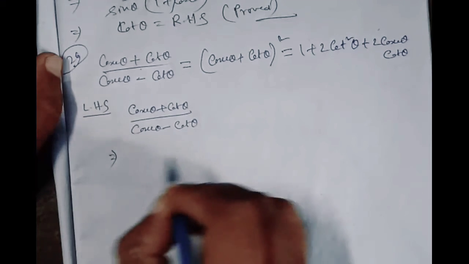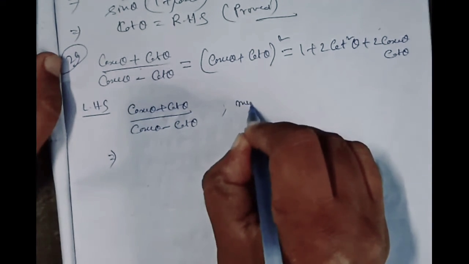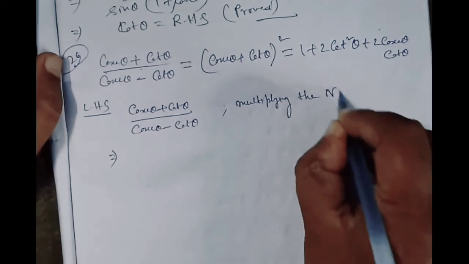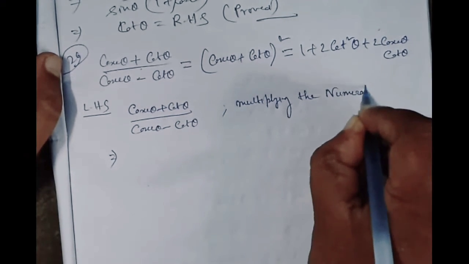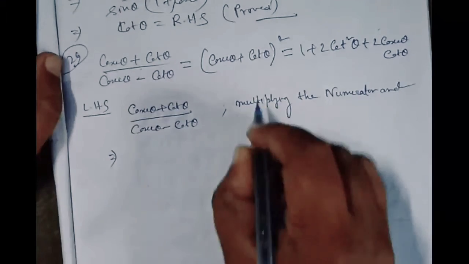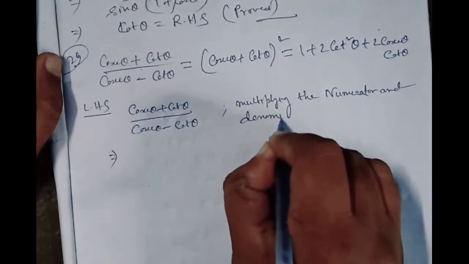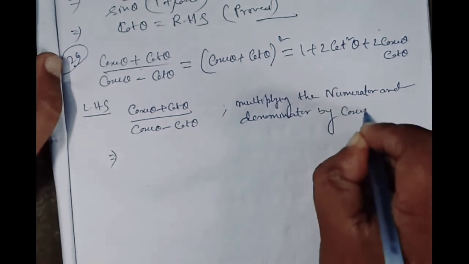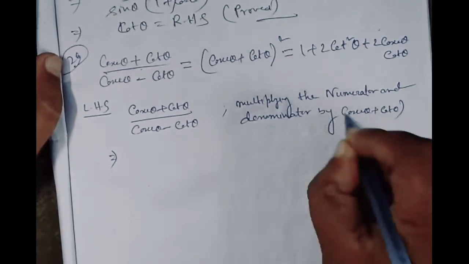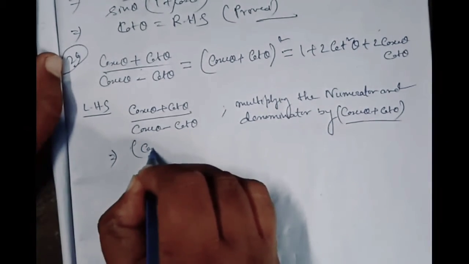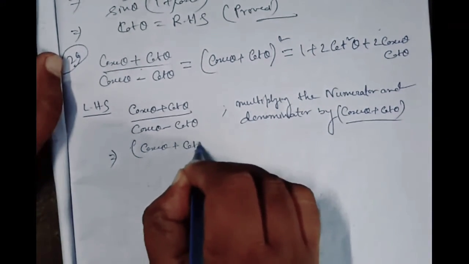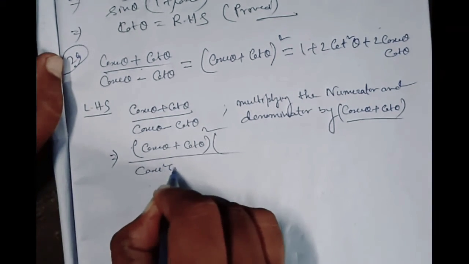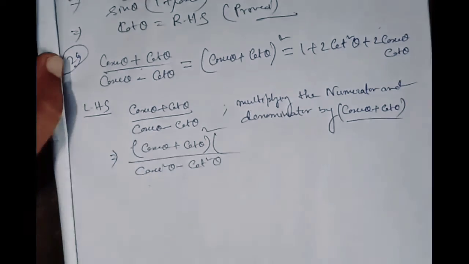Now multiplying the numerator and denominator by cosec theta plus cot theta. So this is (cosec theta plus cot theta) whole square, and this is cosec square theta minus cot square theta.